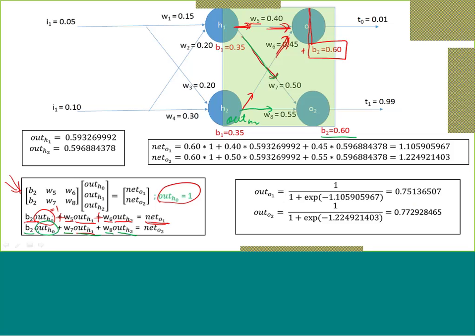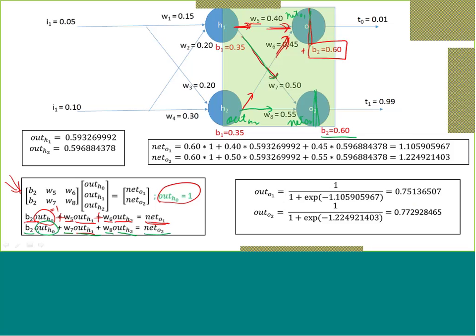Finally, I get the net output. So this is what I am getting here. This is net output 2, and similarly I am getting net output 1, right? This is again the same process. Now once I have calculated the net output, I have to find out the output of this node.